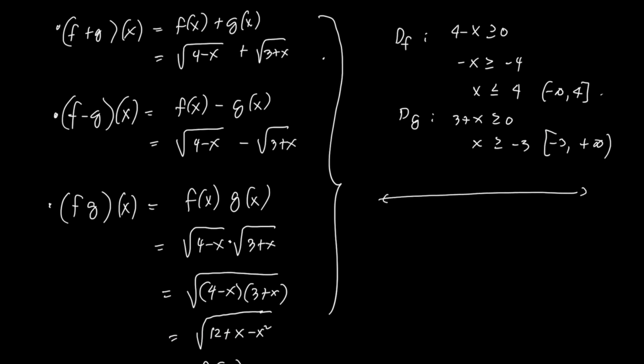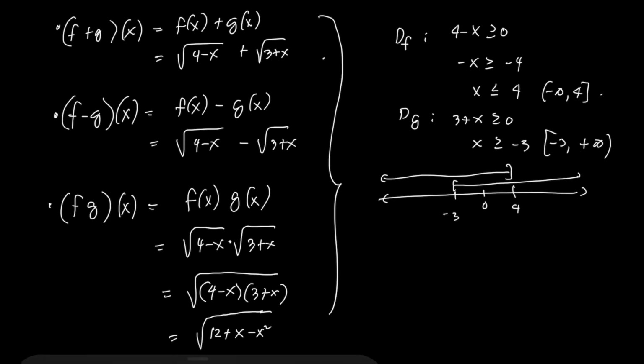Then getting their intersection, take note, if we use the real line, this is 0, this is 4, it's going here, and then negative 3, it's going here.